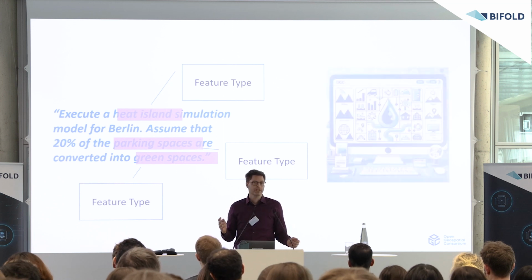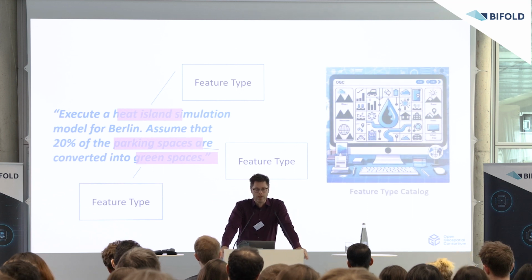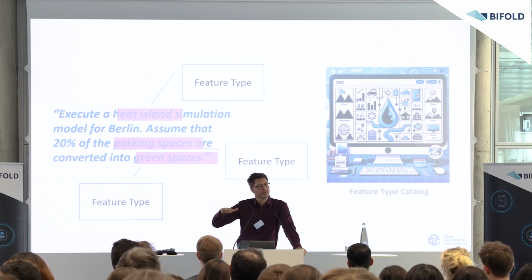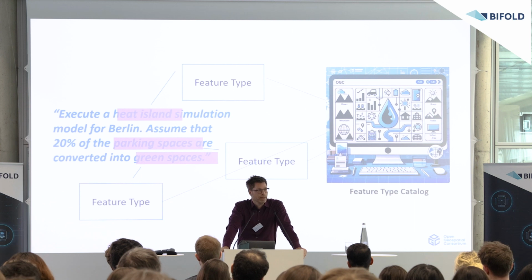So these feature types should be described in feature type catalogs, which are at the most rudimentary level just controlled vocabularies. We need to link every attribute and every value that we use to controlled vocabularies.